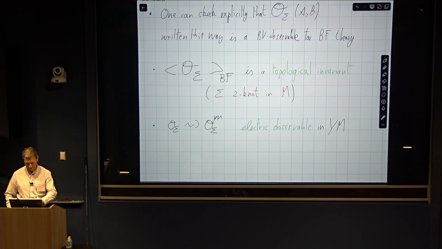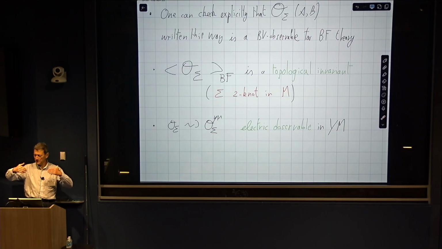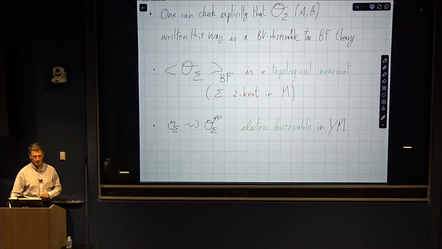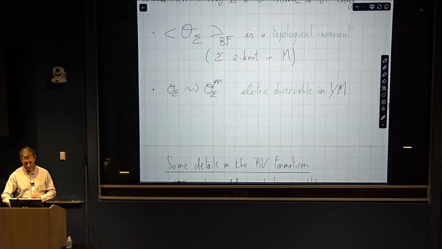So this could be some new topological invariant for the two-knot. Okay, the other observation, which is relevant for today, is that upon integrating out these BV fields in BF theory that are transversal to the BV field for Yang-Mills theory, you could produce an observable for Yang-Mills theory, which will be the nonabelian version of the electric observable.